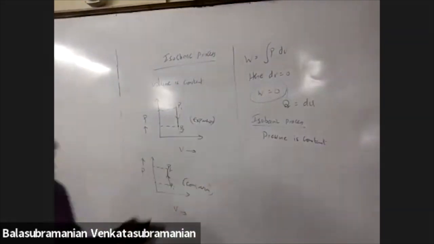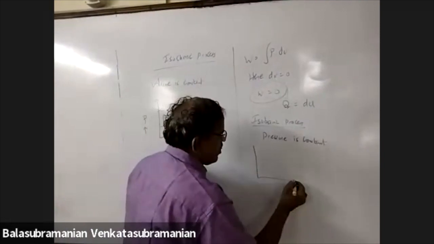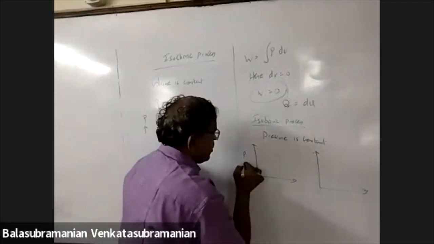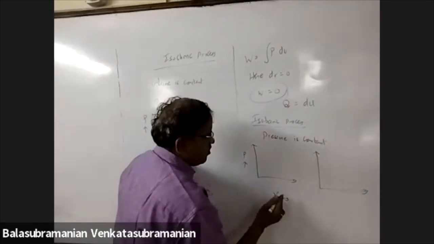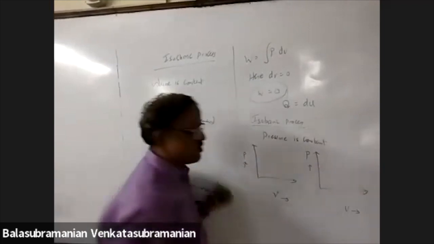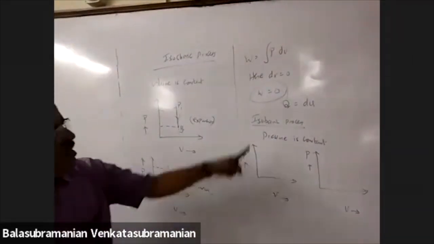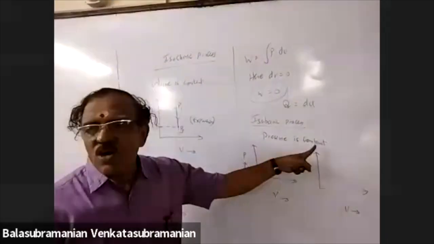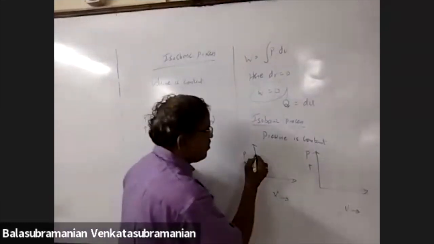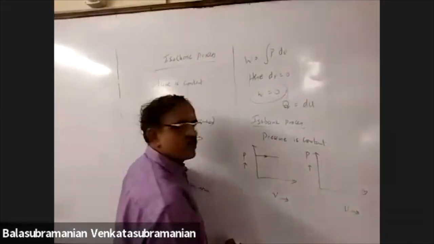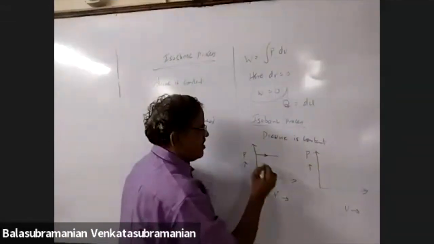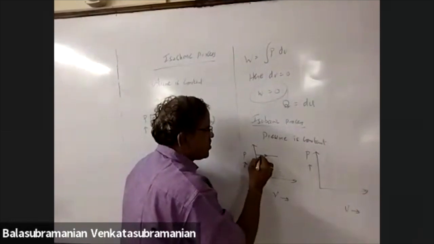So isobaric process. What is the graph? Pressure, volume. Pressure is constant. Volume changes.